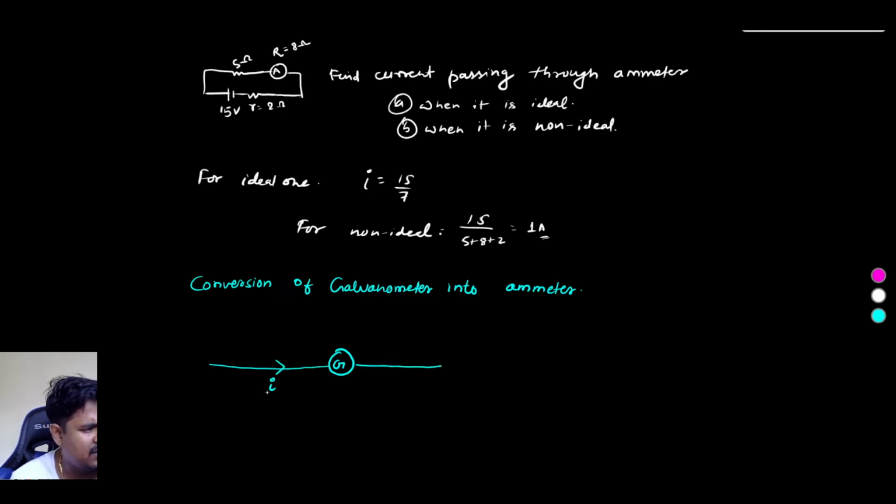Now, if I directly connect this galvanometer across the circuit, what will happen? The galvanometer will get damaged because of the high amount of current passing through it. Yes or no? The galvanometer coil will get worn. So we cannot connect the galvanometer in series to the circuit this way.